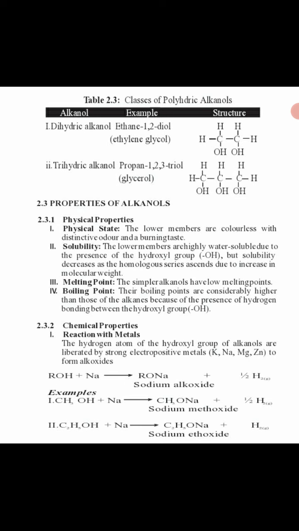Another JAMB question you have here: why? JAMB normally asks this kind of question. It is due to the presence of the hydroxyl group, but the solubility decreases as the homologous series ascends due to increase in molecular weight.